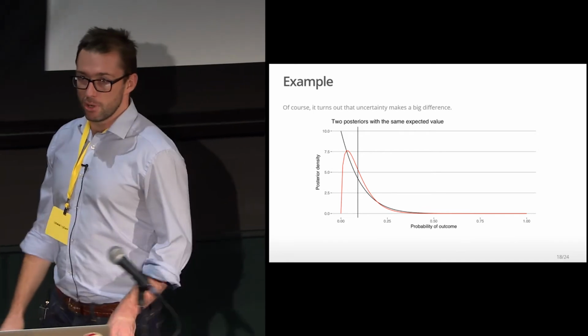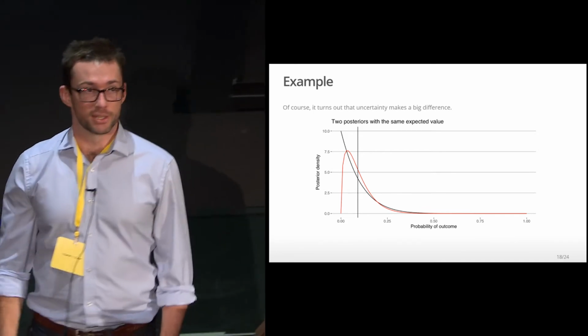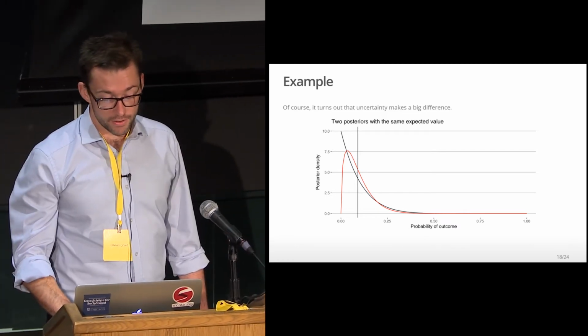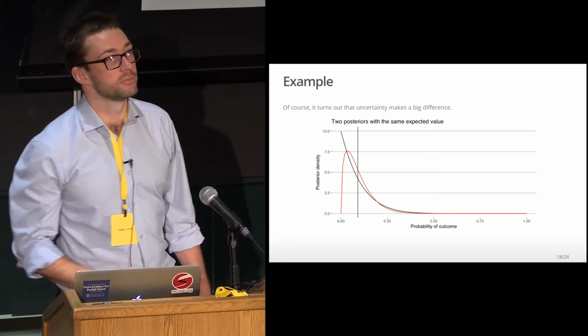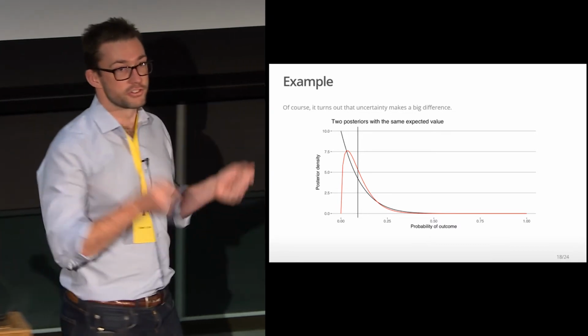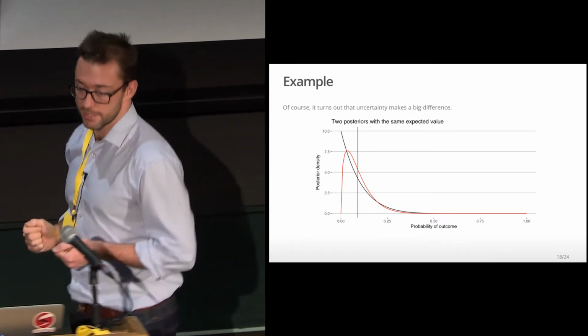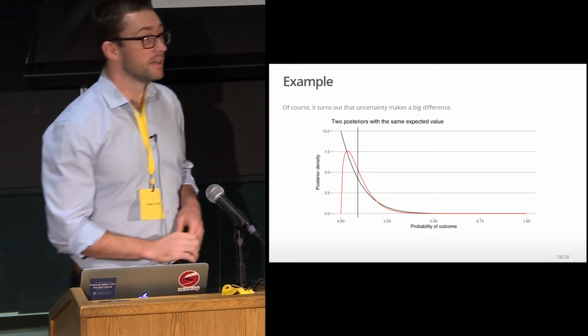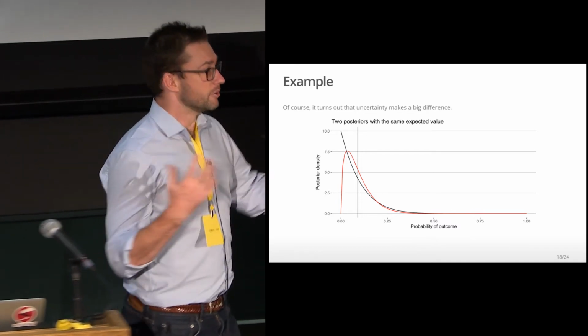So let's say we've got three models and they all give us the same expected probability for this person defaulting. Now, this one here, the spike, that's coming from, say, a random forest or something that's giving me a point estimate of the person's probability. The other two are giving me distributions over the probability. So I'm uncertain about this probability.